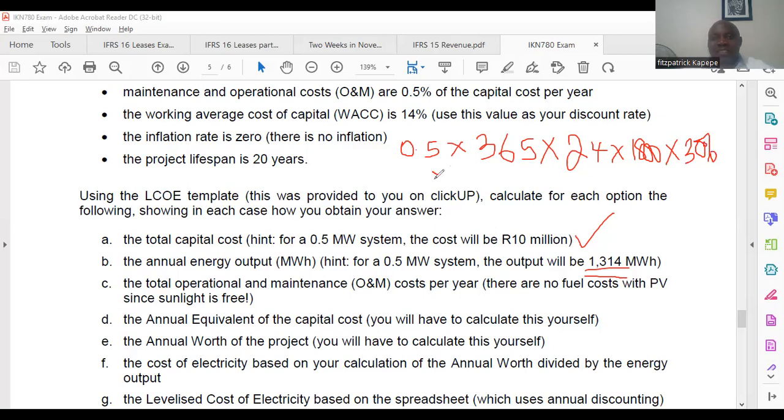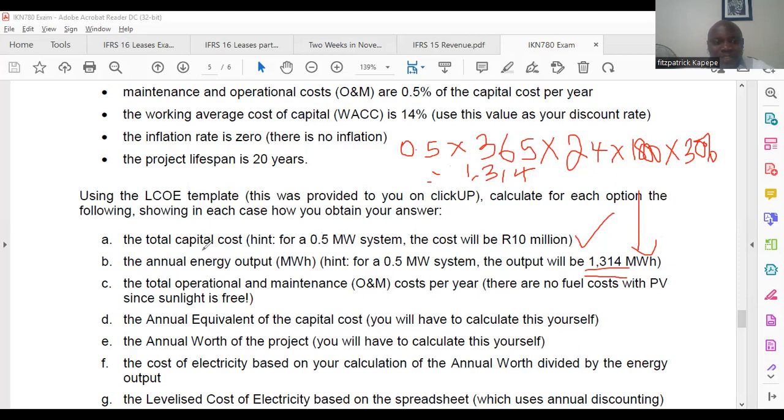Can someone calculate? It should give us this. Then we know that what we have done there is correct because we have been given hints. 1,314,000. Okay, so it's giving us this, right? Yes. So your examiner is very, very generous.